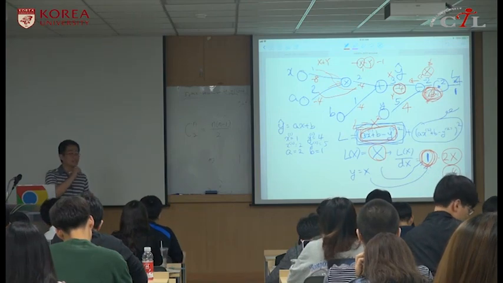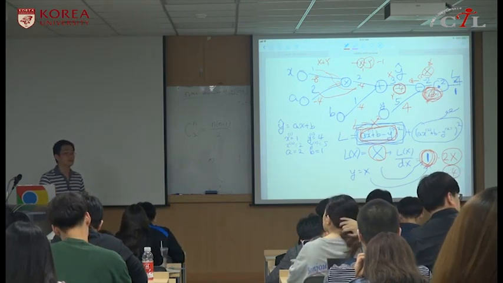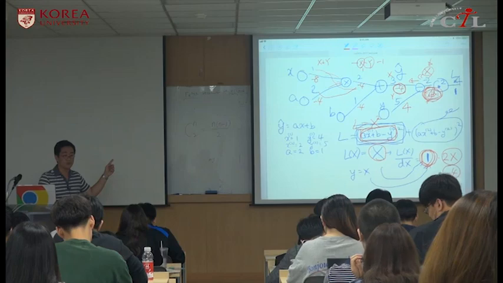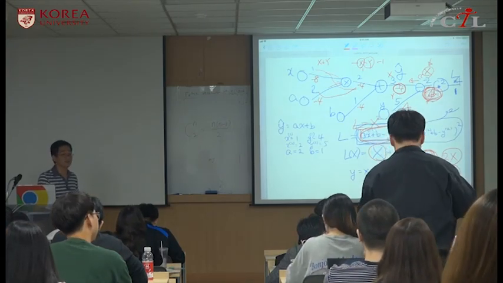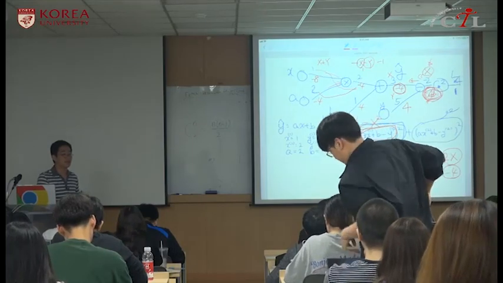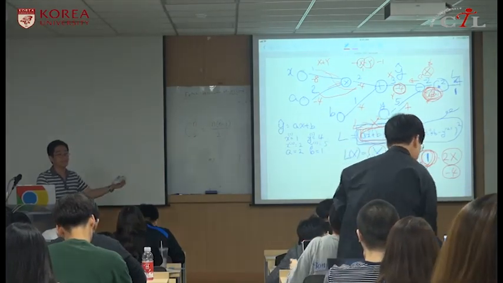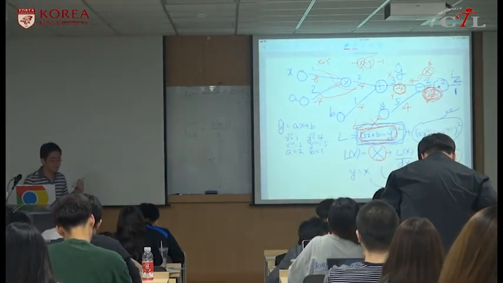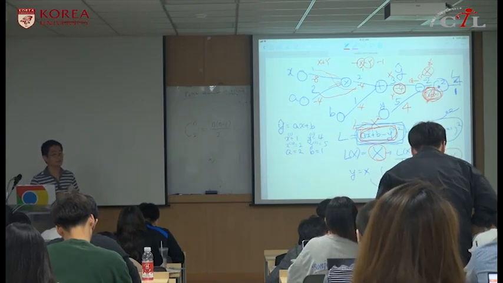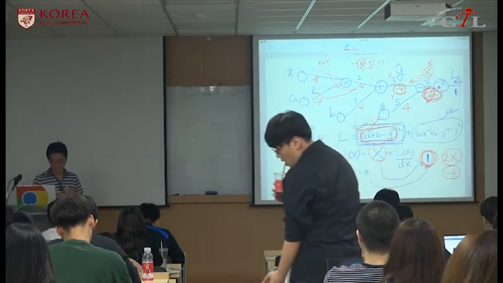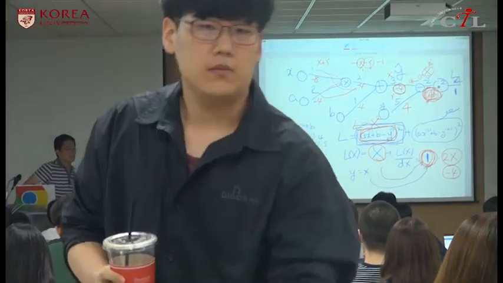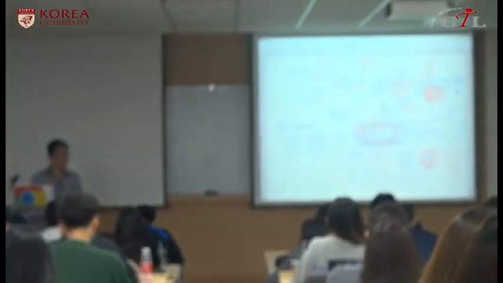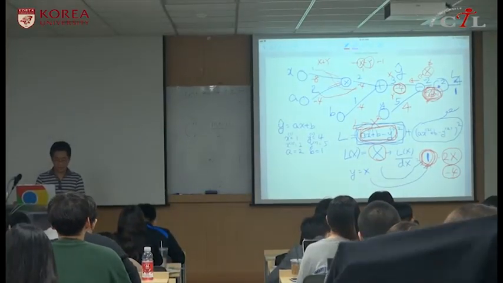So this is a mechanical process that we will follow after we complete this computational graph that fully represents our loss function, and then we just backpropagate through it. You can train yourself by following this mechanical process.